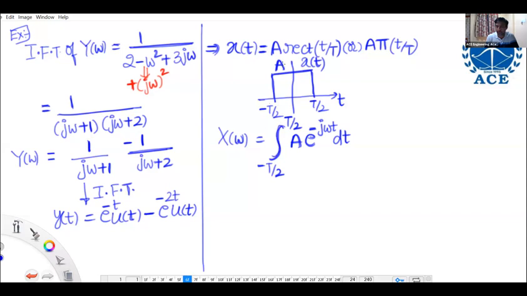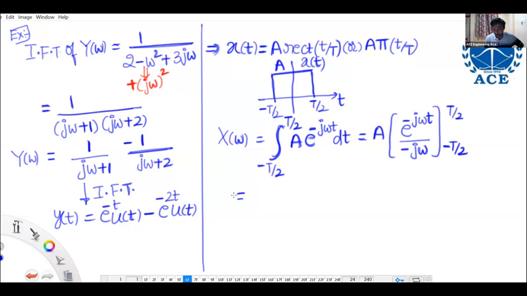Integration gives e power minus j omega t divided by minus j omega over the limits minus T by 2 to plus T by 2.